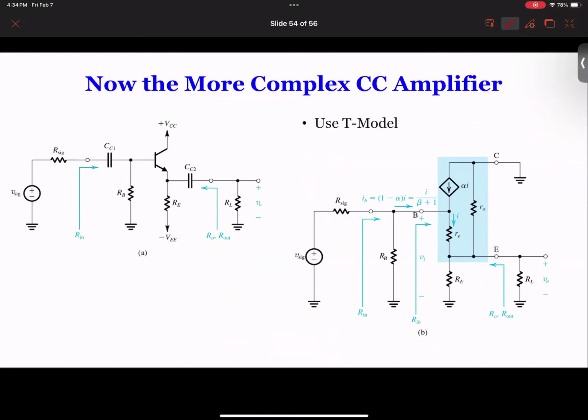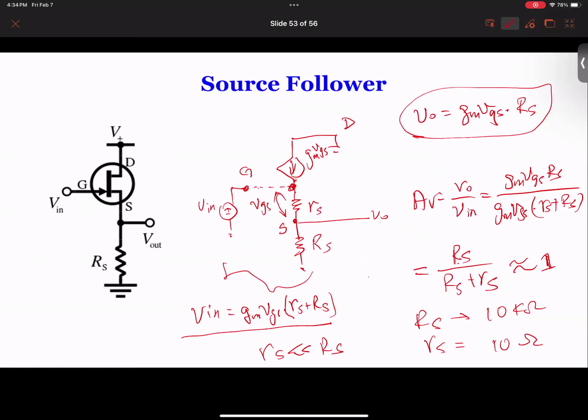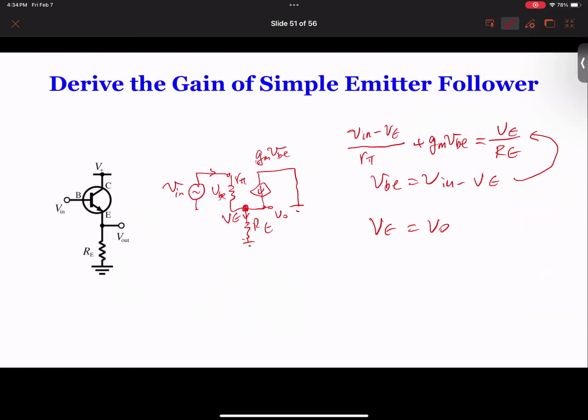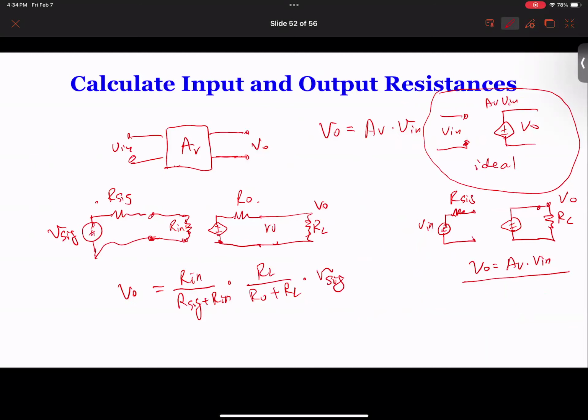If you look at the circuit over here, when we look for input resistance and output resistance, the way that we do this is, for example, when we look for input resistance, we would short the output. You remember when we went through Thevenin's equivalent circuit for any black boxes.